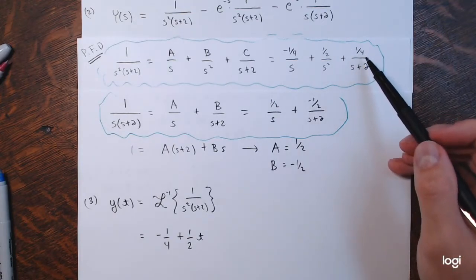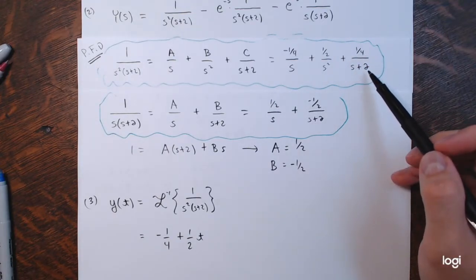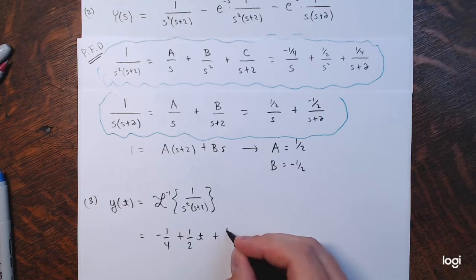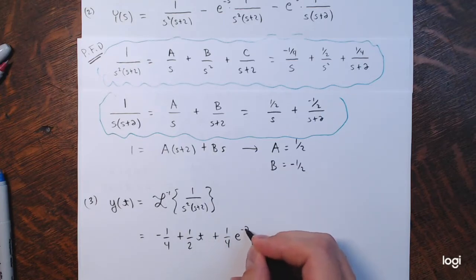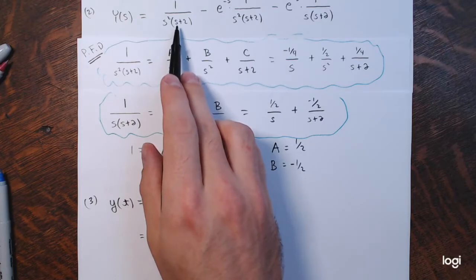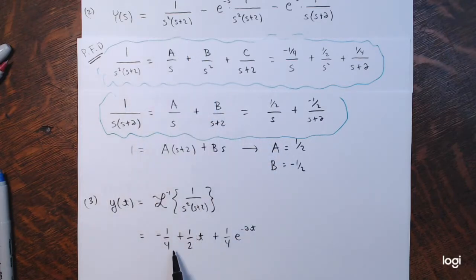And 1 over s plus 2 has an inverse Laplace transform of e to the negative 2t, so plus 1/4 e to the negative 2t. That's from this first fraction, these three terms.